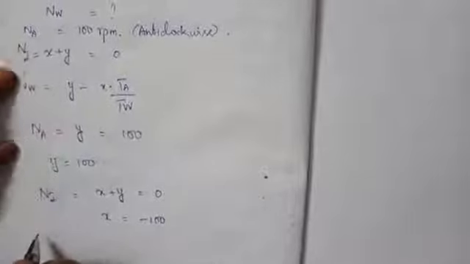Now apply the variable values in the speed of the wheel. So Nw equal to y minus x dot Ta by Tw. So if you are applying here, y value is 100 minus x value is minus of minus, plus 100, you will get dot Ta value is 84, Tw value is 40.